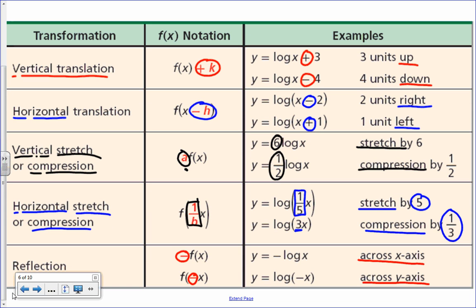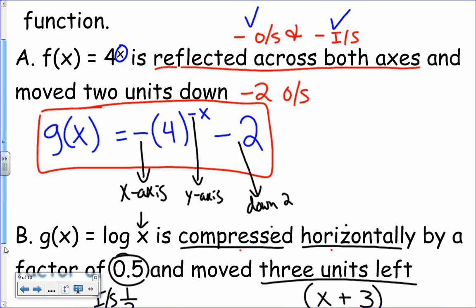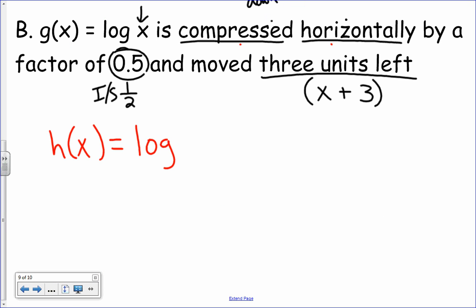Horizontal compression by 1/3, but when I look over here, there's a 3 in the actual log. So 7b here says compress horizontally by a factor of 1/2. So if I flip that, I need a 2.